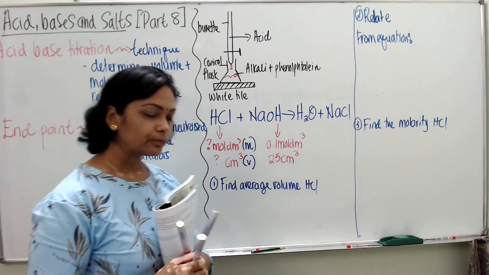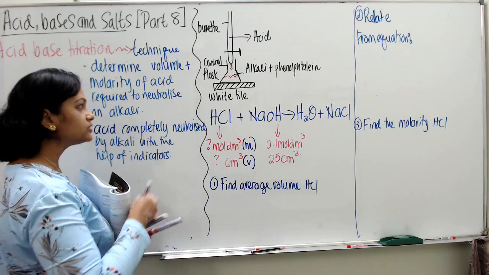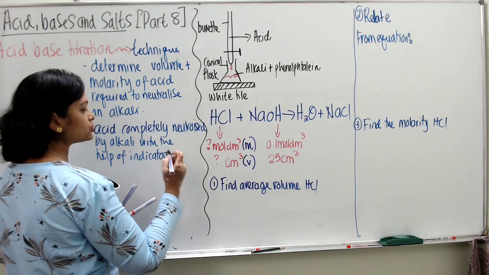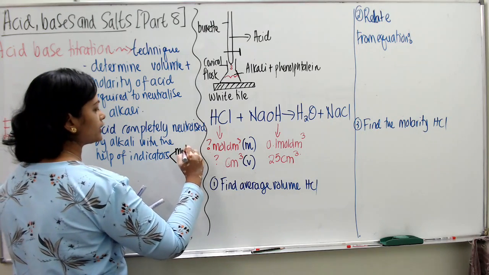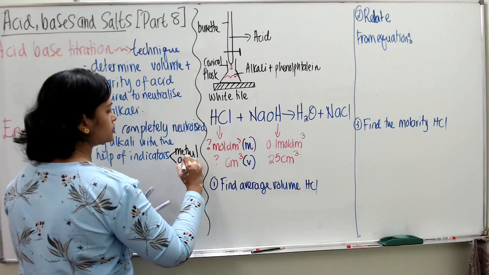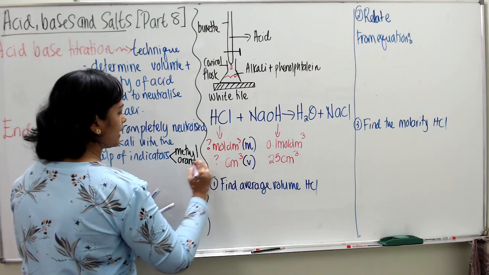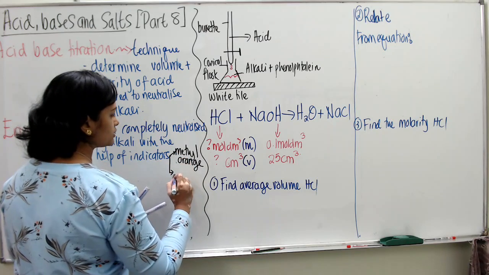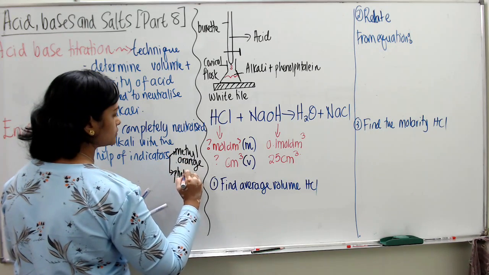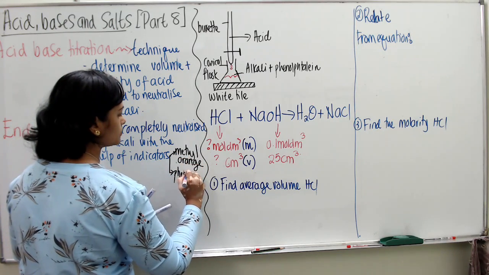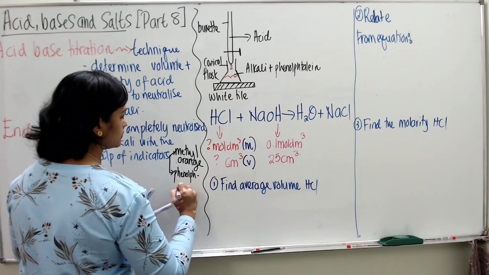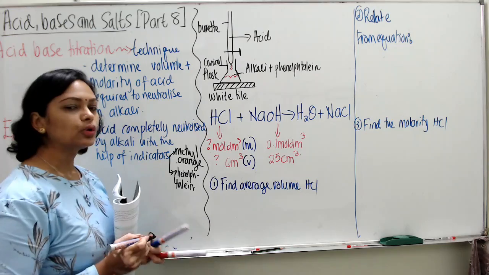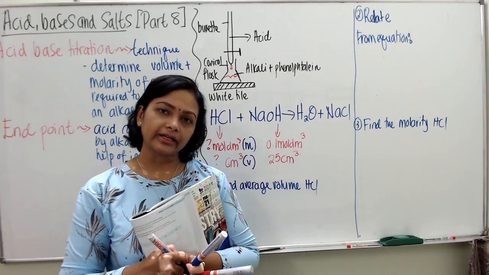Now, please bear in mind, in this titration method, the usual indicators used are methyl orange, and the second important one, phenolphthalein. Why are these two widely used for titration method?